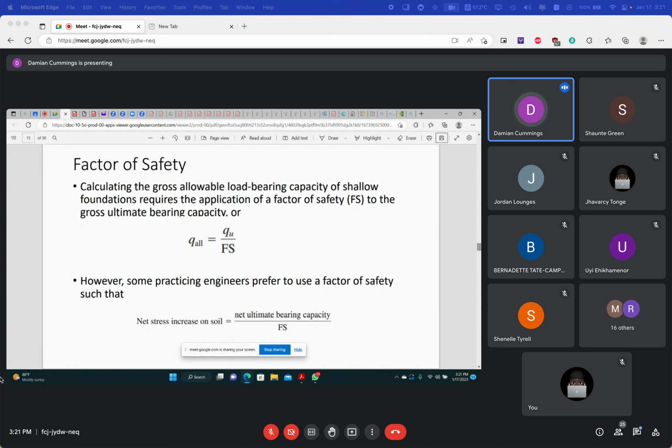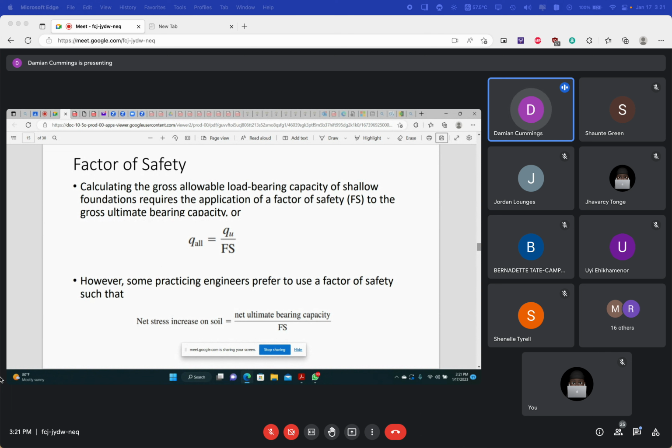However, some practicing engineers prefer to use a factor of safety such that the net stress increase on the soil is equal to the net ultimate bearing capacity divided by the factor of safety, right?